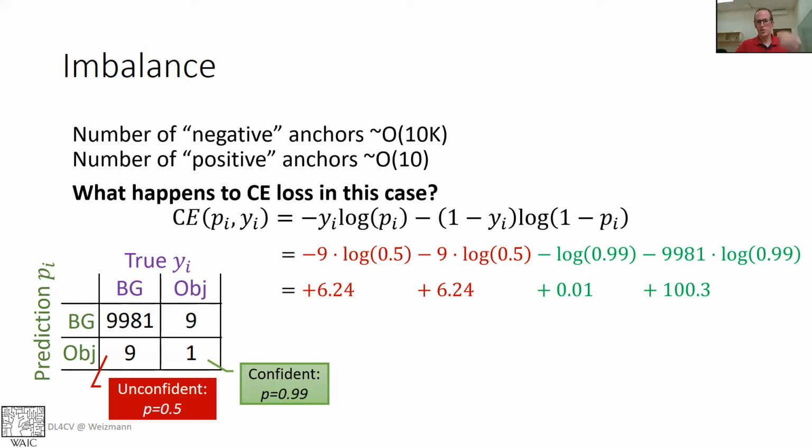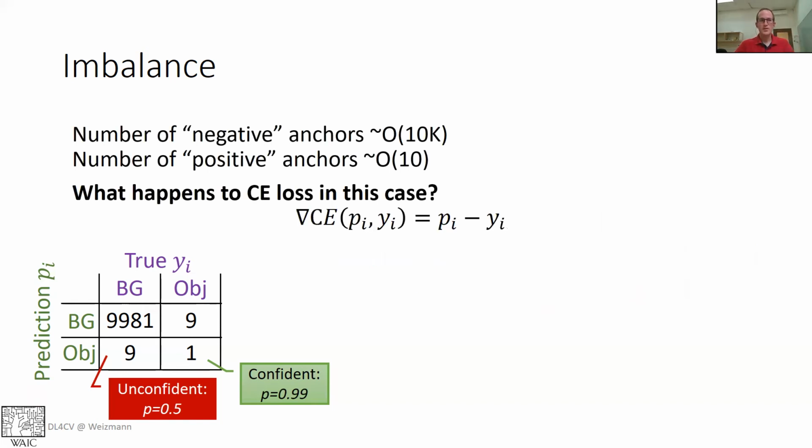So this is about the loss term, but remember, we don't really care about the loss value itself. What we care about is the gradient, because we are doing stochastic gradient descent. The gradient should tell us how to improve the weights. So let's look at the gradient of the binary cross entropy. This is the gradient of the binary cross entropy for each and every one of these inputs.